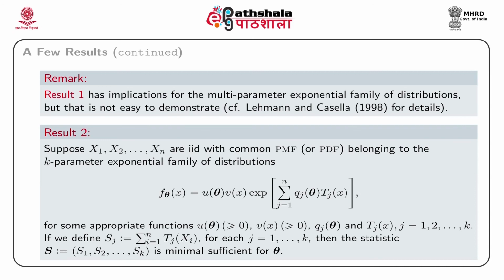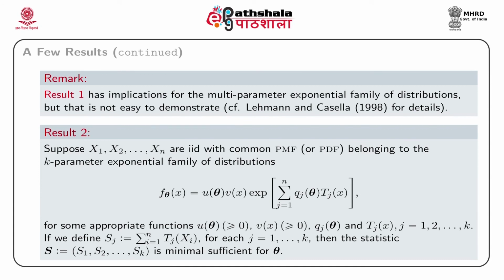The PDF or PMF f_theta(x) equals u(theta) into v(x) into e to the power summation i from 1 to k q_i(theta) into t_i(x), with some appropriate forms v(x) greater than or equal to 0, u(theta) greater than or equal to 0, q_i(theta) and t_i(x), i from 1 to k.